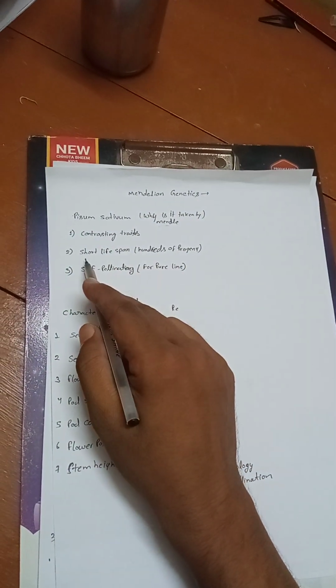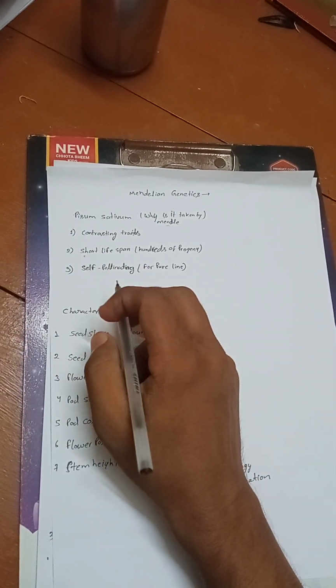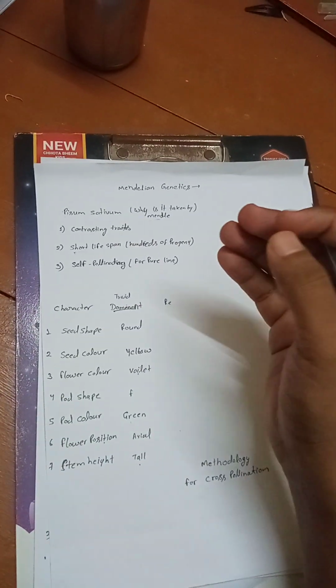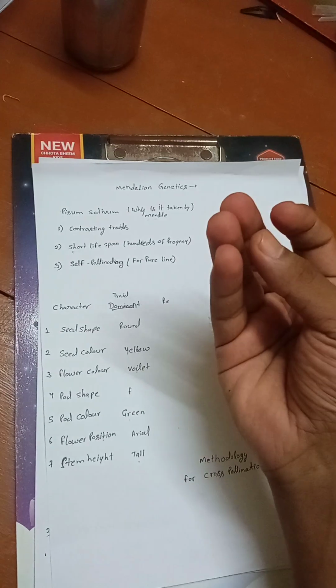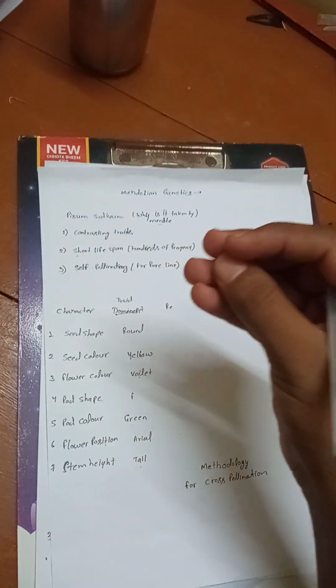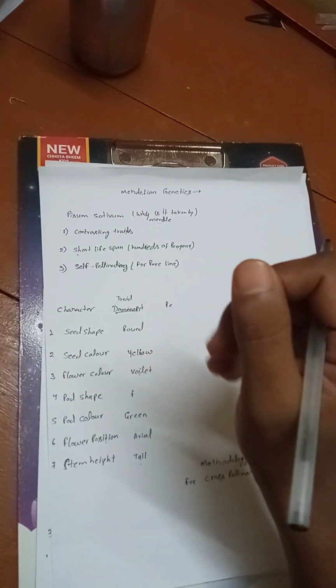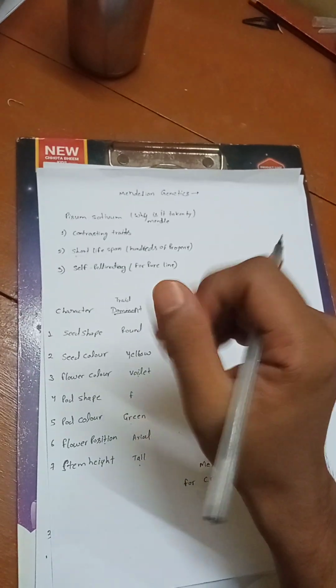And the second reason for choosing the pea plant is short life span and hundreds of progeny. If Mendel chose the banyan tree, the life span of a banyan tree is hundreds of years.